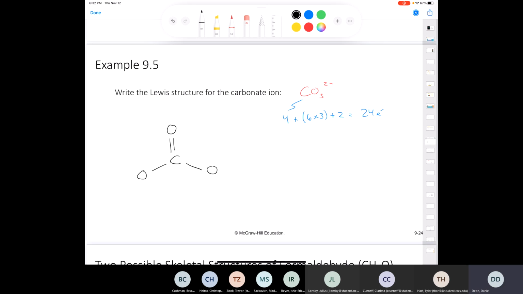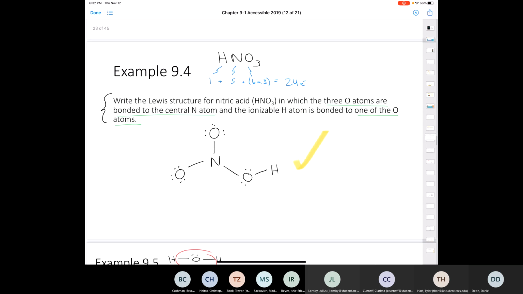What else did I tell you? I told you that oxygen usually has 2 bonds and 2 lone pairs, just like you saw in H2O. But sometimes, as in the nitric acid that we saw, oxygen will have 1 bond and 3 lone pairs.